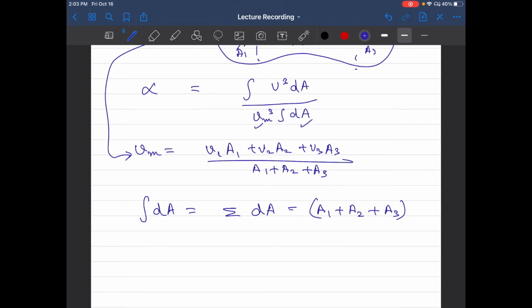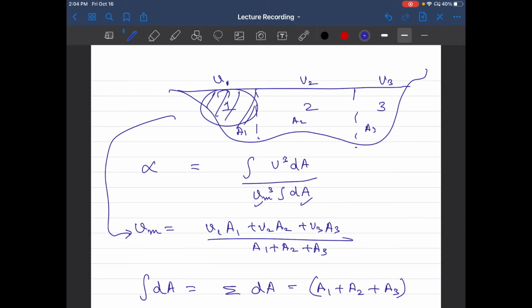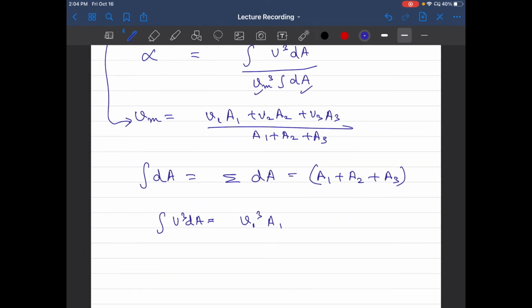Now, when we talk about V cube dA, let us look at how our expression looks. In the top section, we can write the integral of V cube dA as V1 cube A1, assuming that within this cross section our velocity is just V1, plus V2 cube A2 plus V3 cube A3.